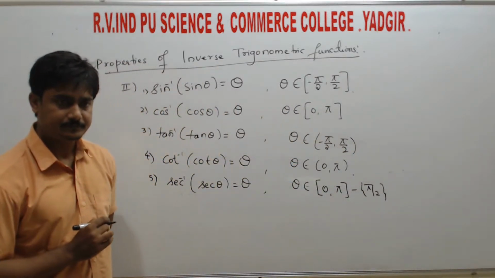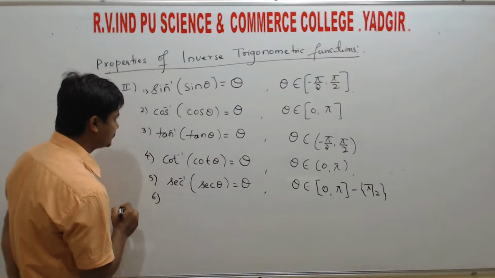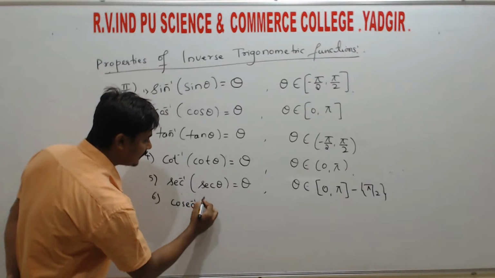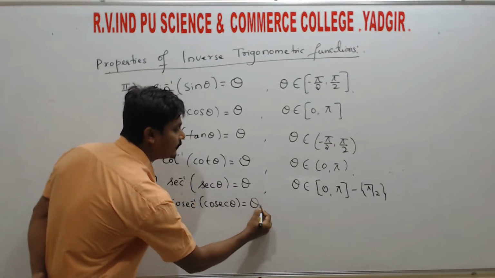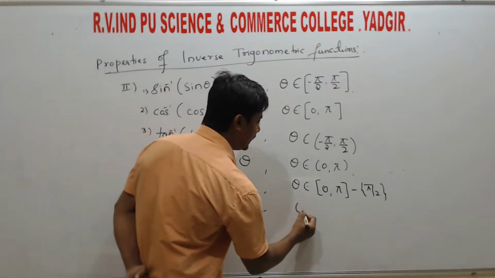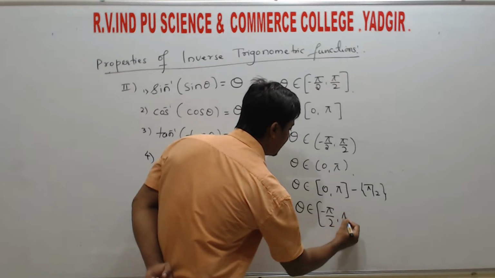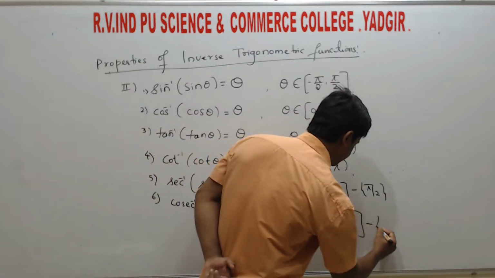Is that not? Next, the sixth property under this: cosecant inverse of cosec theta is equal to theta if theta belongs to the principal value branch of inverse cosecant function.